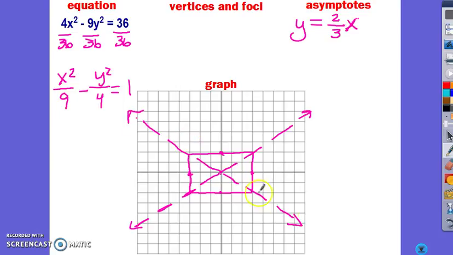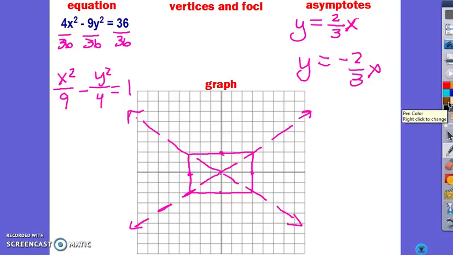The other asymptote, also starting at 0, goes down 2 over 3. Down, nice symmetry there. We're going to see that every time. So this one has a slope of down 2 over 3. So our two asymptotes.